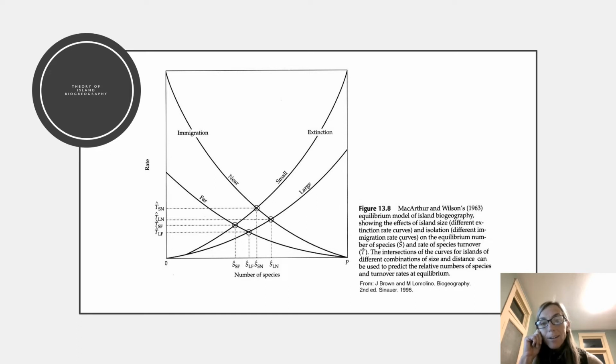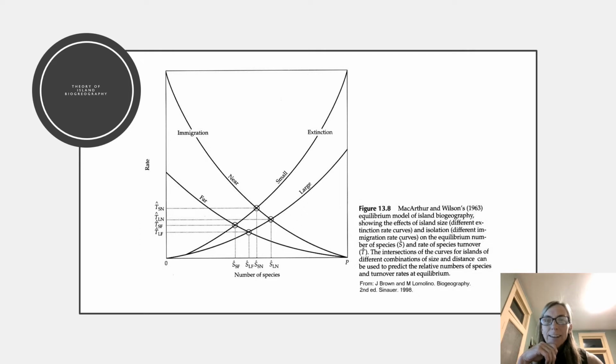They decided to do this to build a theory around the state of equilibrium of species diversity on islands. Islands are simpler ecosystems to study and allowed them to pursue this concept.